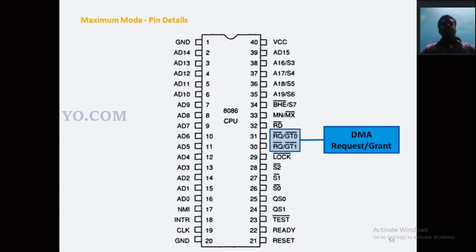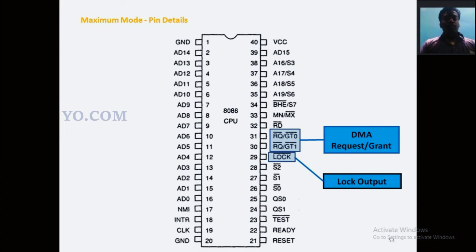So the 8086 can access only 1 megabyte, which is not suitable in practical use, so we must increase the memory access by DMA. DMA can increase the external memory access, so it uses these request and grant signals coming from the microprocessor.